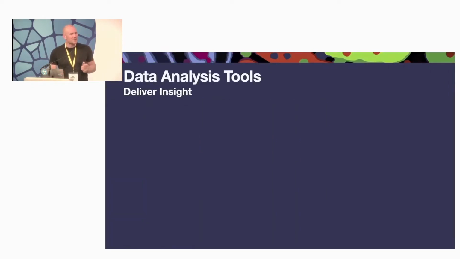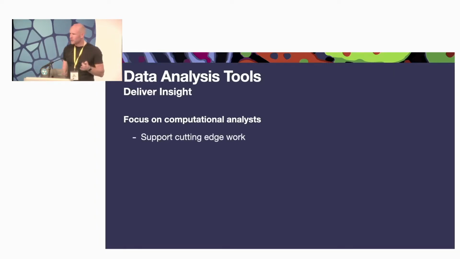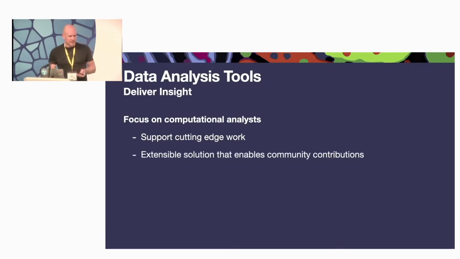In terms of data analysis tools, we want to help people go beyond what we can do in the portal. What we focus on right now in terms of analysis in the portal is computational analysts who do cutting-edge work, who use unique workflows and tools to process data. We want to find a solution that is extensible and that can be contributed to by the community.